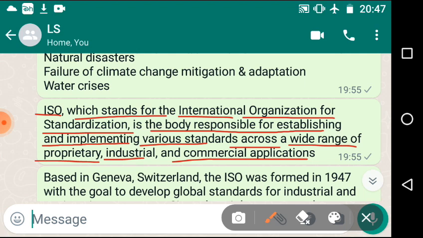And not only industrial and commercial applications, but also the proprietary, that means the ownership of a particular group. A best example is, I think you have eaten dulal palm candy, in Bengali দুলালের তাল মিছরি. The ownership of that particular company is, I think its name is Dulal actually.